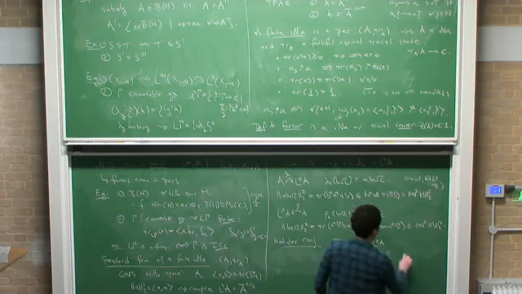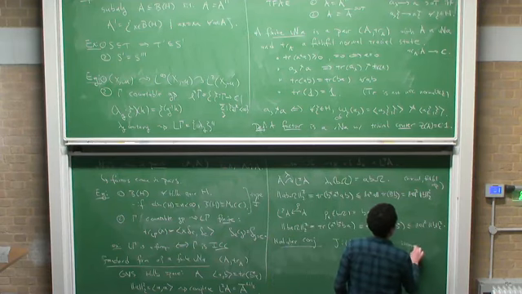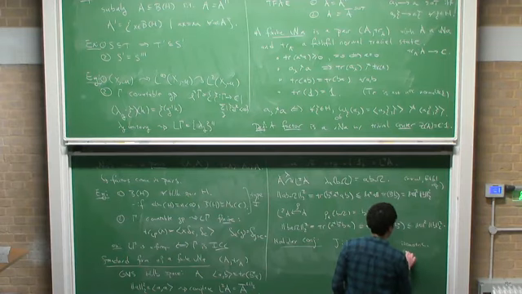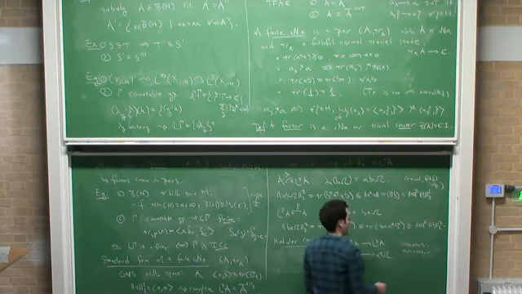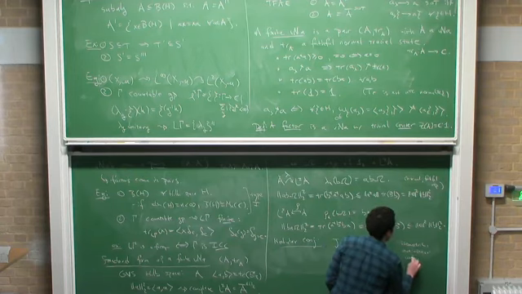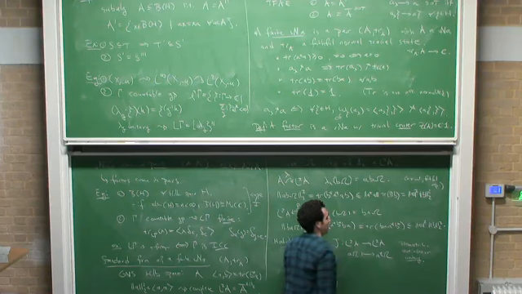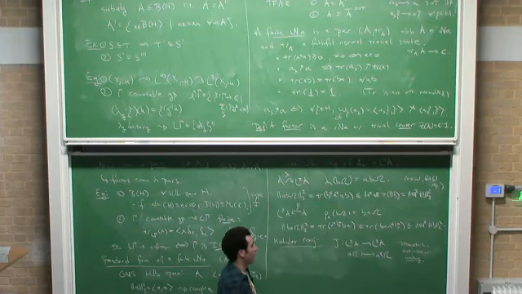And this is easily seen to be isometric and antilinear, and it's obviously onto a dense subspace. So I call this an antilinear unitary, really. It's really invertible. Okay, so it's an antilinear unitary.